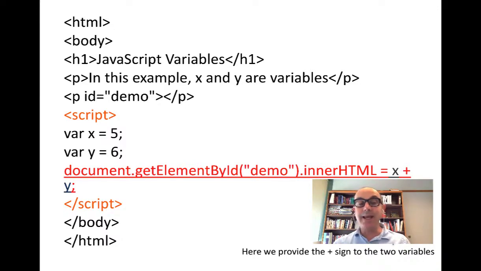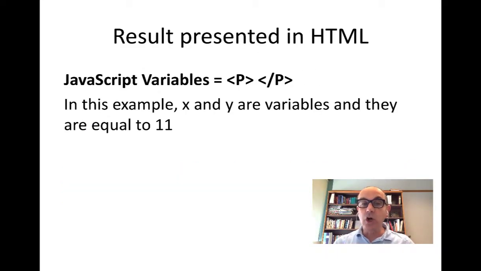In this case, x plus y, and it will provide me the sum of the two variables together. I am closing the script that I am running the JavaScript in, and in the result it will give me the value which is equal to 11.